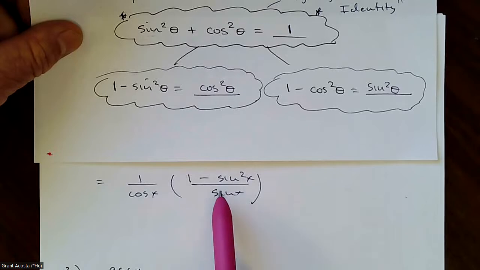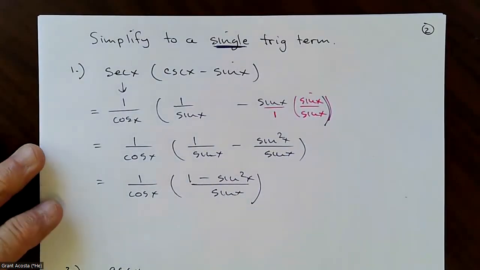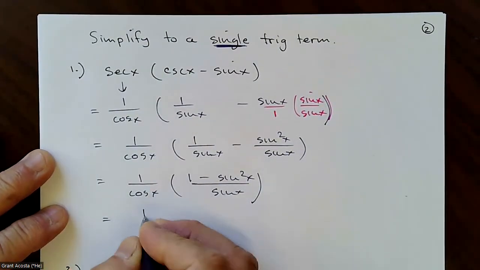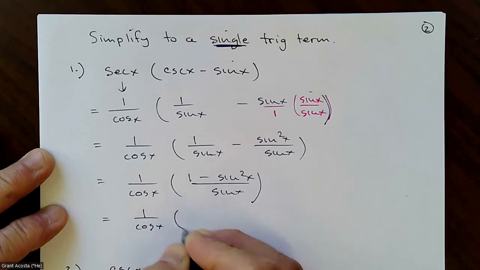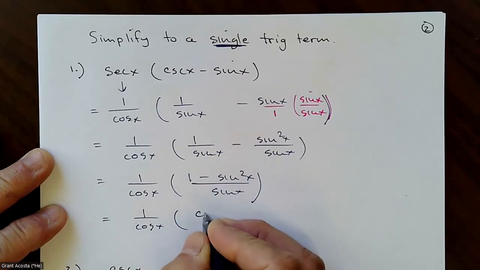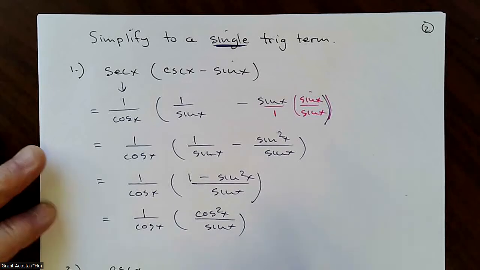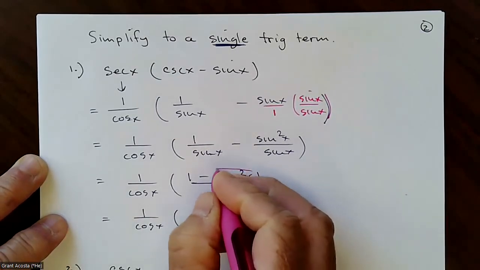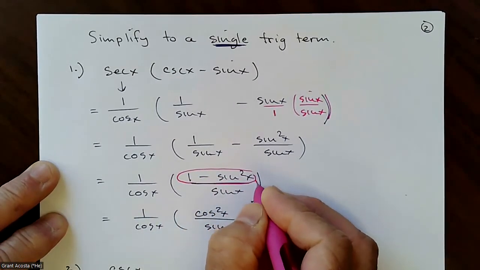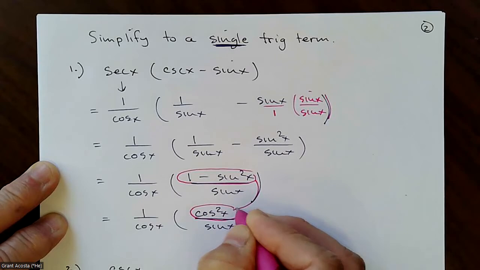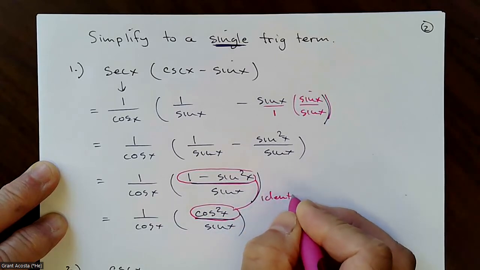They're one and the same. So I'm going to use a trig identity and replace 1 minus sine squared with cosine squared. So here I'm just replacing this with an identity.